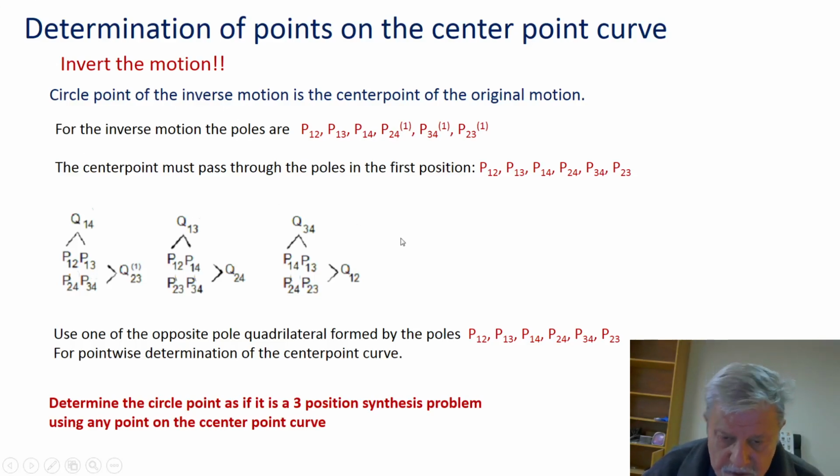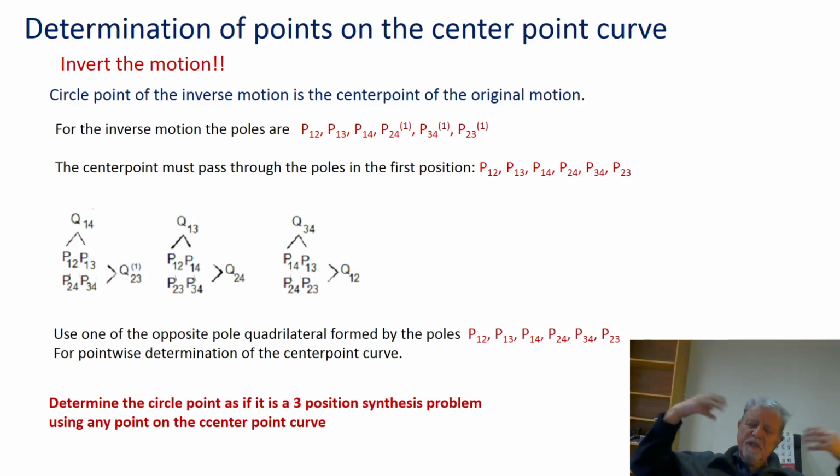All this theory, whatever I have discussed till now, although in different form, I have shown the derivation of these equations using complex numbers, which were first made by Freudenstein, as far as I know. Freudenstein was the one who showed the equation for circle point and center point.